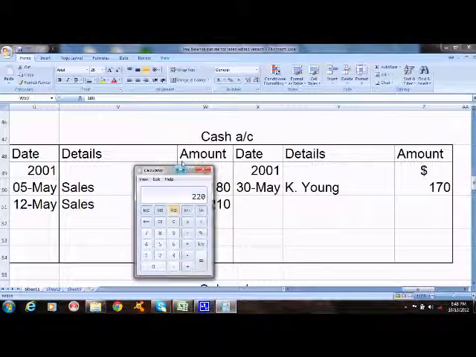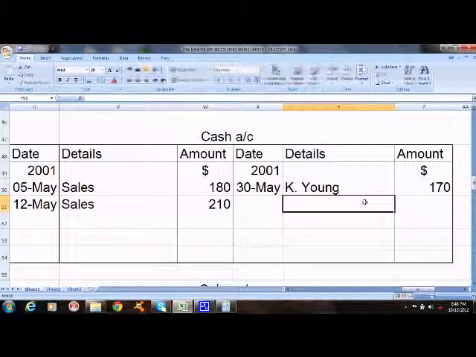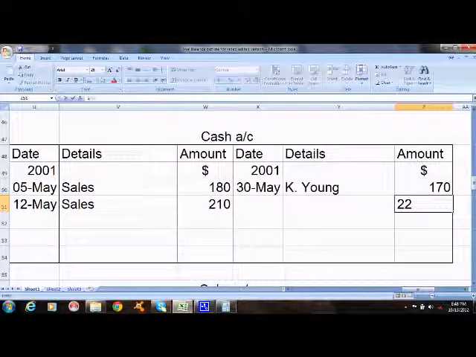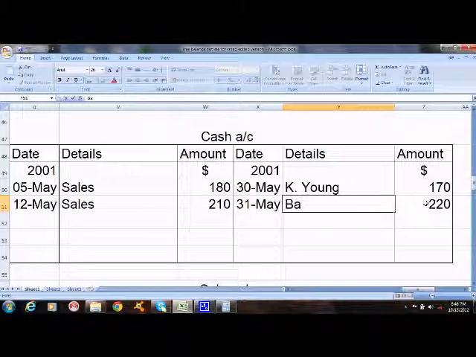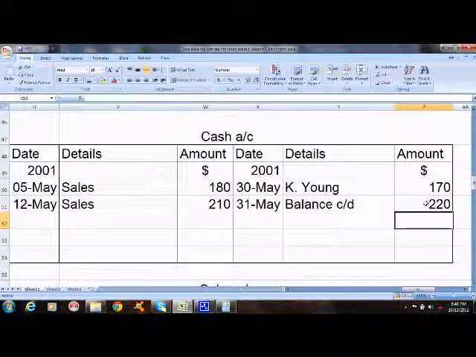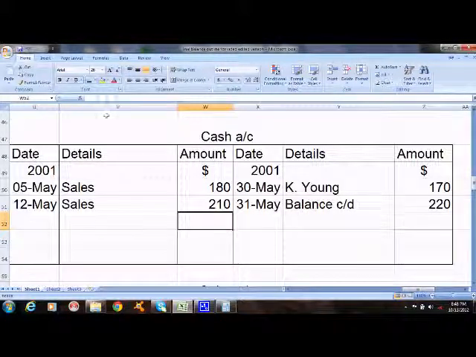So 220 will go on the credit side, balance CD May 31. I'm going to add up these two things now quickly. We'll have 390.